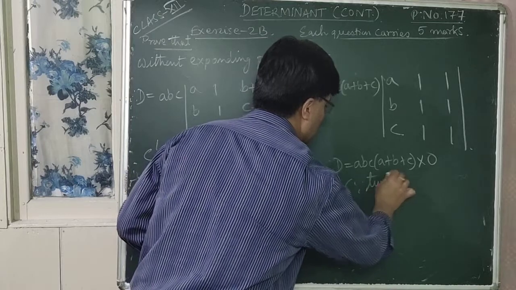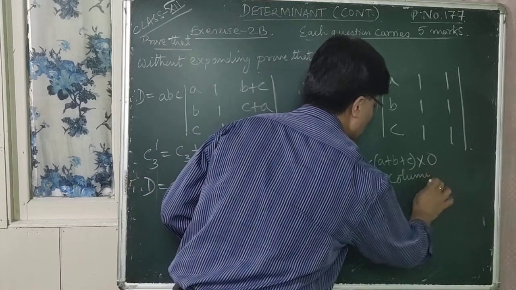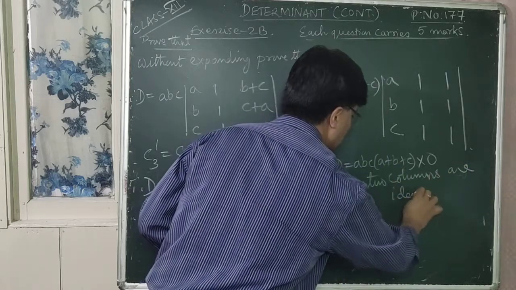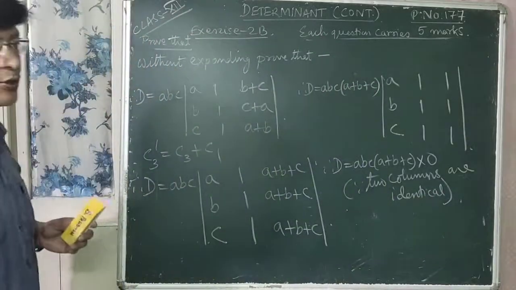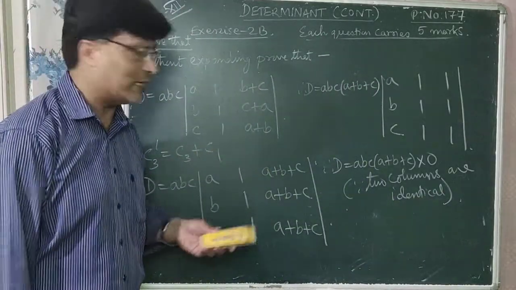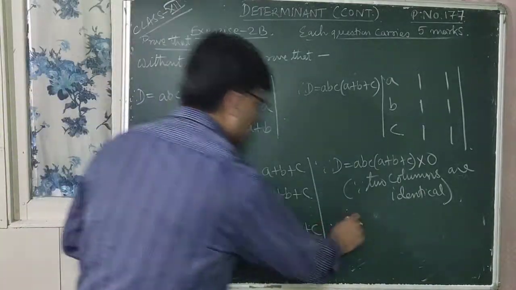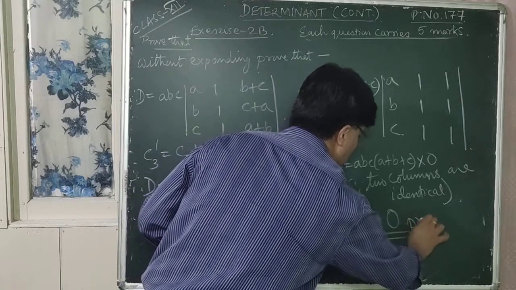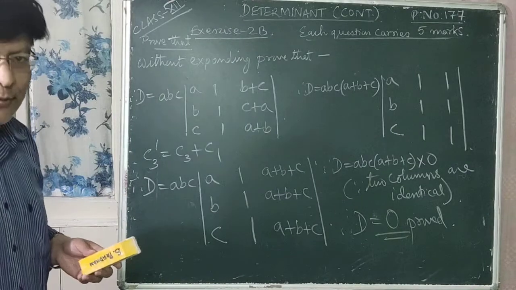Since two columns are identical, the value of the determinant is 0. That is ABC into A plus B plus C into 0. So therefore D is equal to 0, since 0 into any number is always 0. So it is proved.